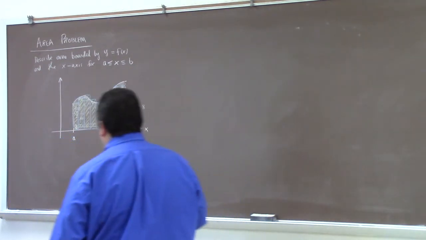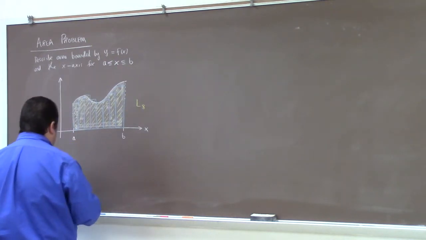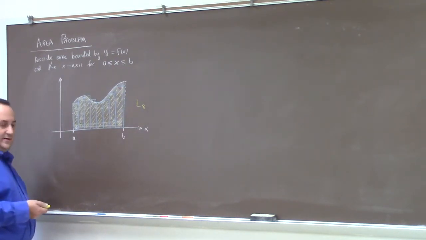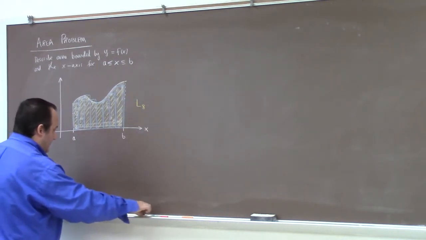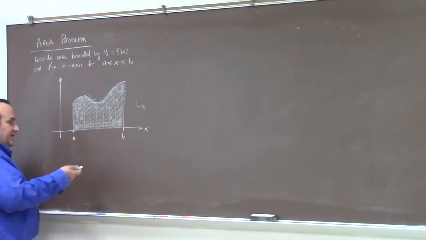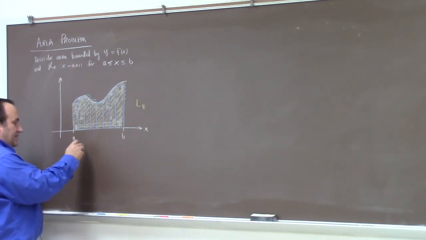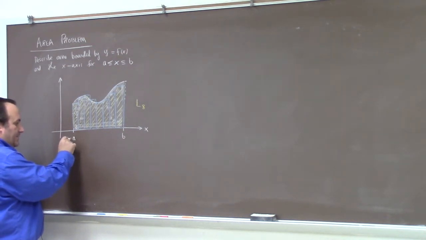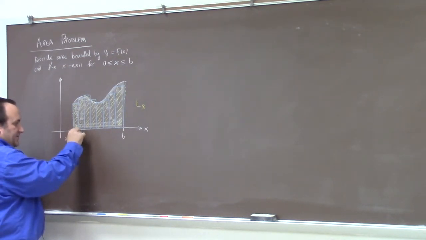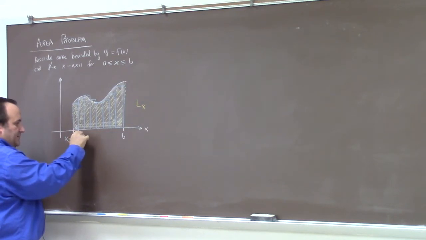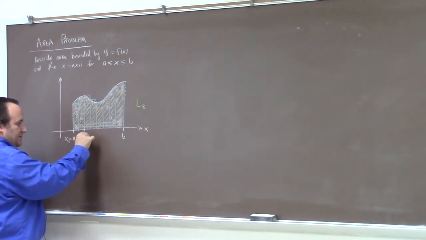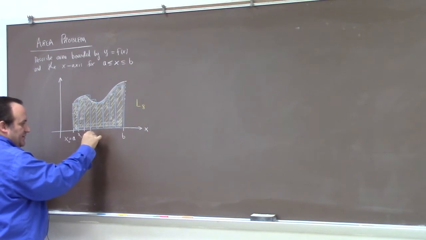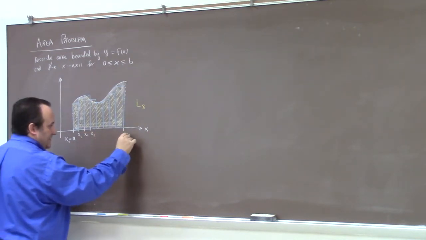Now, I want to describe to you how to actually set up the formula for that. To do that, we need to develop some standard notation for this lecture. We're going to say a is equal to x naught. Then the first point right here is x1, this one's x2, this one's x3, and b is going to be xn.